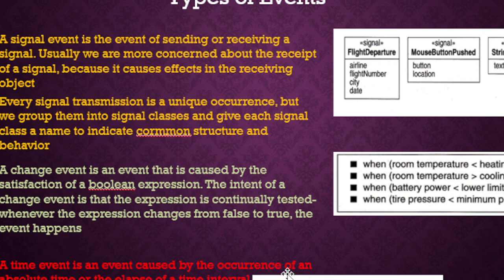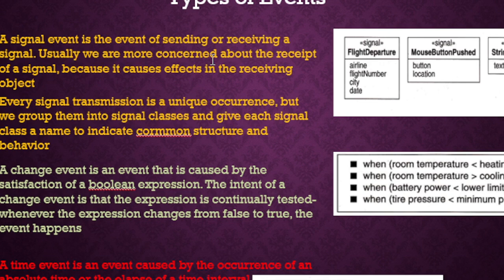Events can be further classified into various types. One type is called the signal event, as you see on the screen, the physical event. A signal event is the event of sending or receiving a signal. Whenever we talk about a signal in communication, it is some sort of one-way traffic where an object initiates a signal or a call to another object.